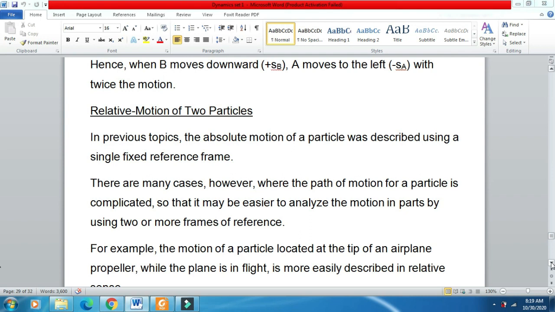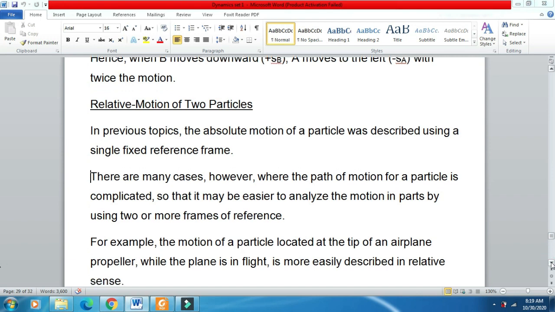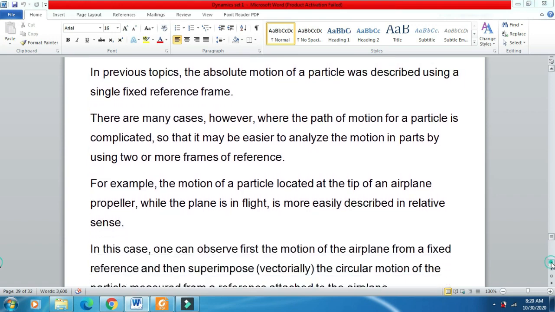That is, we define the position vector, we define the position, velocity and acceleration in the relative sense using two or more than two frames of reference. For example, we consider a relatively complicated case. Suppose there is an airplane which is moving and it contains a propeller.